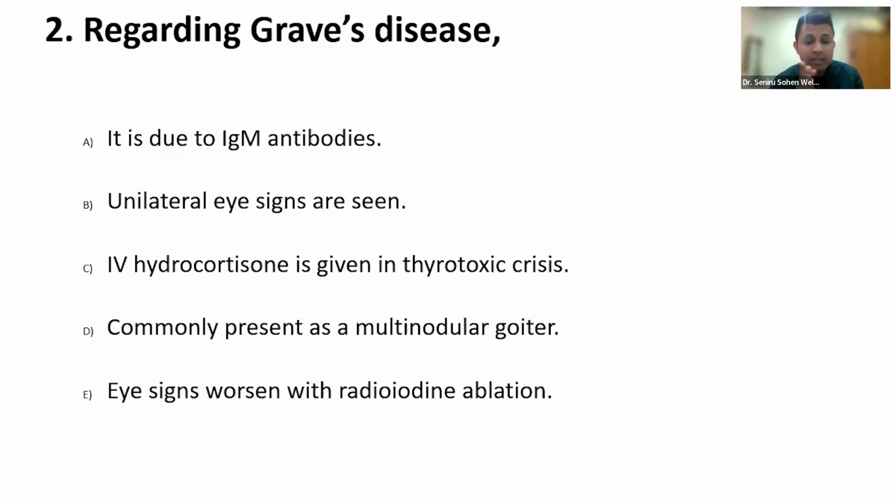In a select group of patients, we use other modalities to manage thyroid storm, such as iodine solutions, which are a combination of iodine and potassium iodide, where what we commonly have is Lugol's iodine.